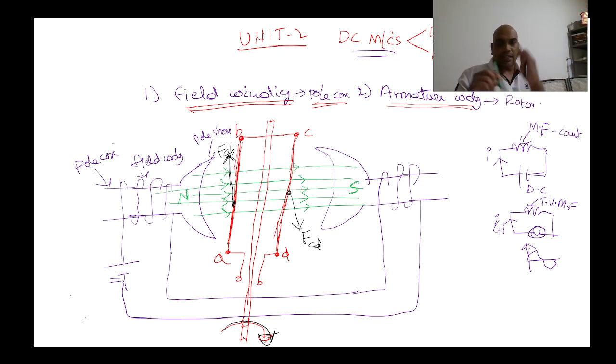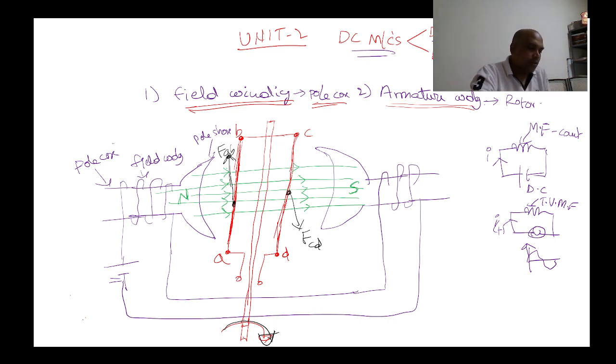This is conductor AB, this is conductor CD. This is moving upward, this is moving downward. So force is applied on the conductor, it is moving upward, and the other is moving downward.